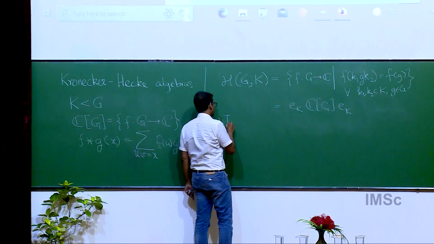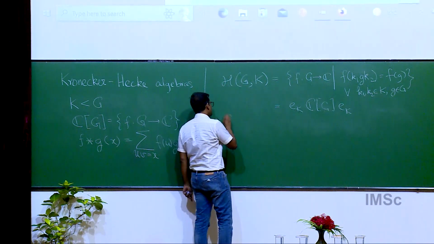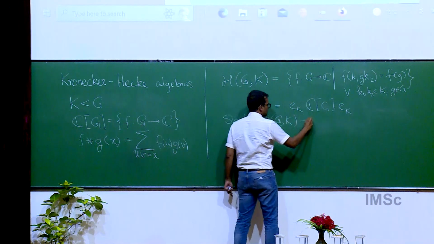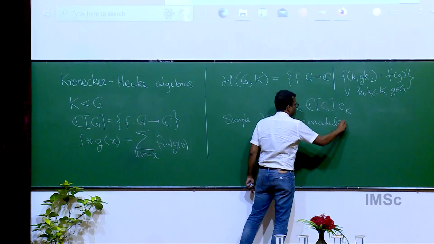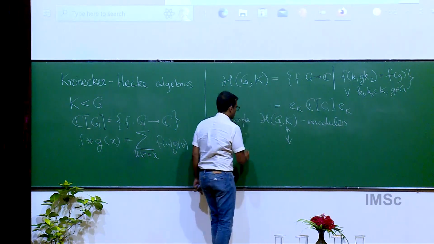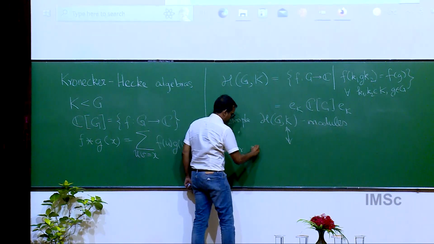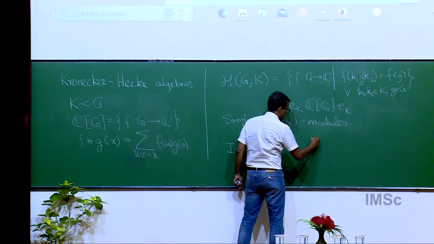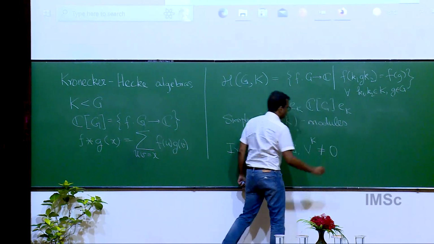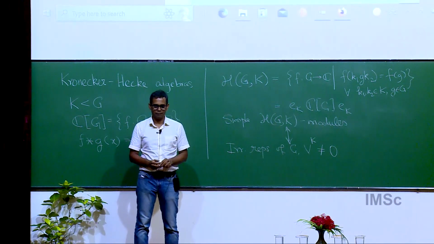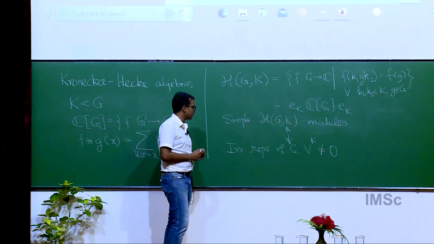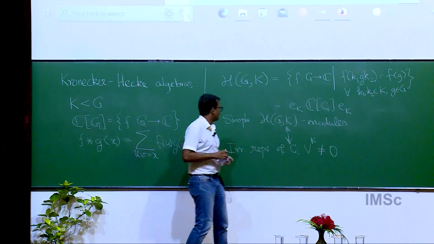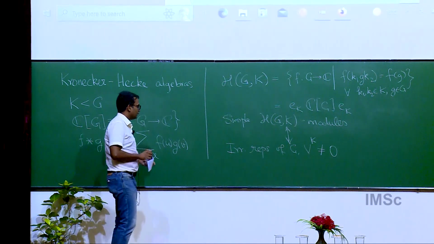So irreducible, or should I say simple, HKG modules, these correspond to irreducible representations of G, let's say, which I'll call V, such that V has non-zero vectors invariant under the subgroup K. Okay, so every irreducible representation of G which has a non-zero vector invariant under K gives rise to a representation of the Hecke algebra.